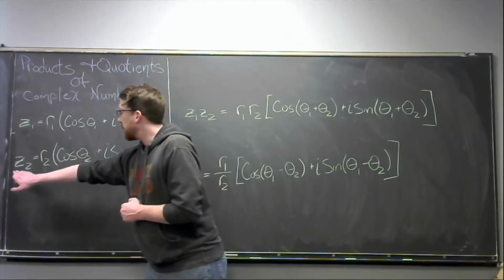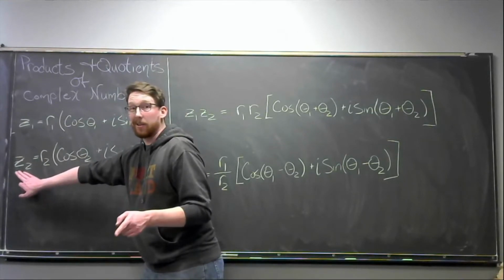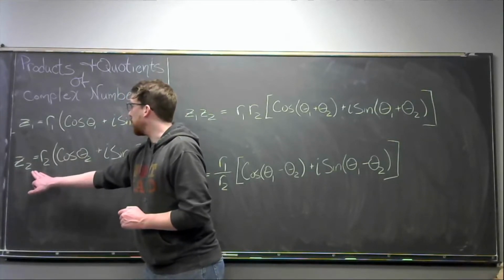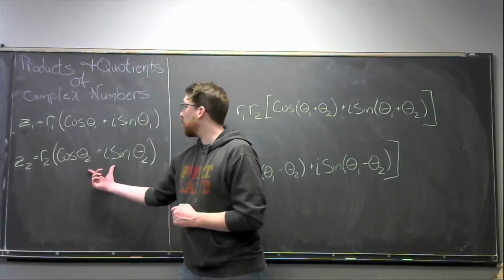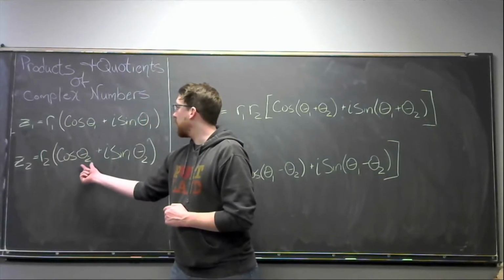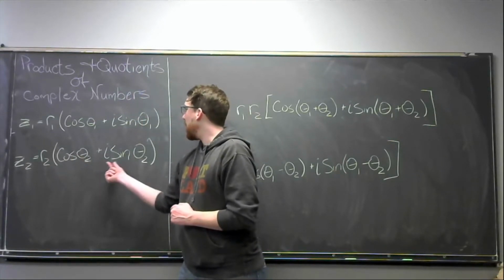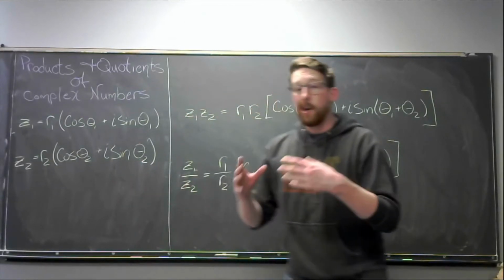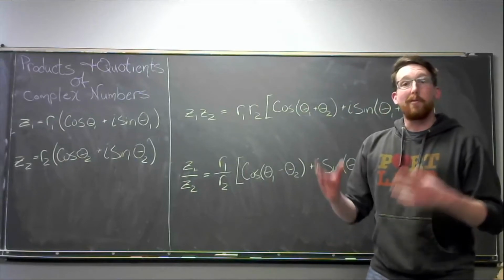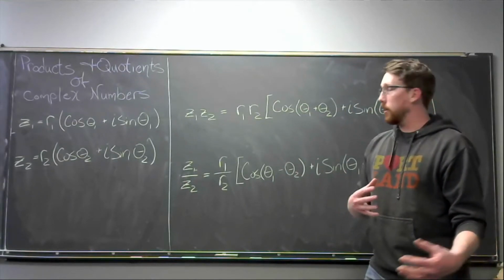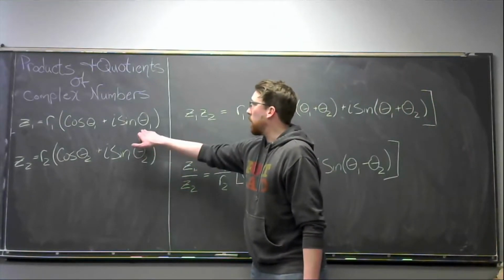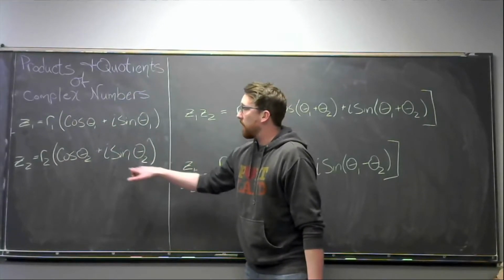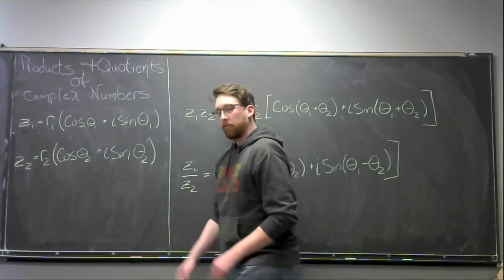Now we have our second complex number, z2, which is equal to r2 times the quantity cosine theta 2 plus i sine theta 2. Again, subscripts, they're denoting this idea of what belongs to what. Everything with ones belong together, everything with twos belong together.